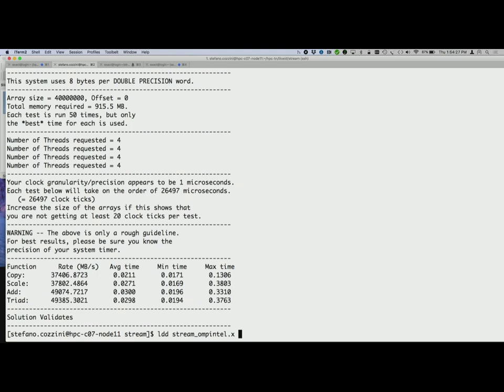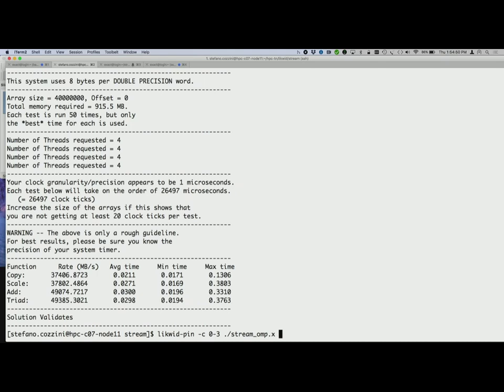So we can try this experiment: likwid-pin -c 0-3 ./stream.omp.x.